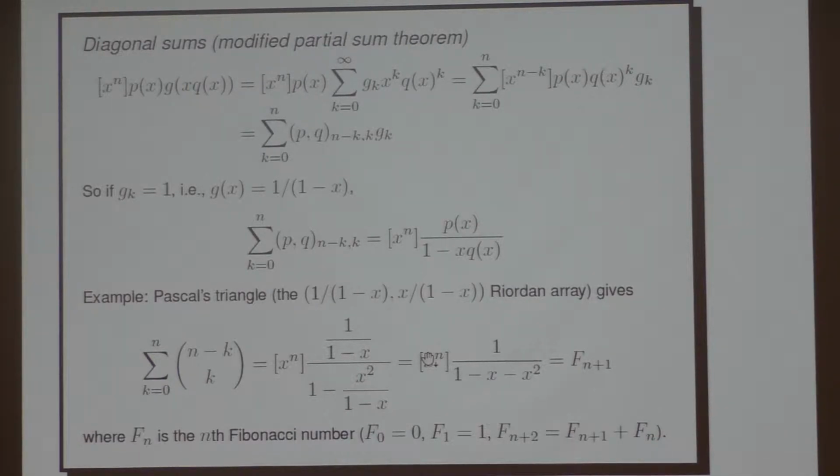P is 1 over 1 minus x, and we've got 1 minus x times q, so it's 1 minus x times x over 1 minus x. Multiply top and bottom by 1 minus x, and we end up with this. And this, sure enough, is the generating function for the Fibonacci numbers. So the x to the nth coefficient of that is F_(n+1), where F_n is the nth Fibonacci number.